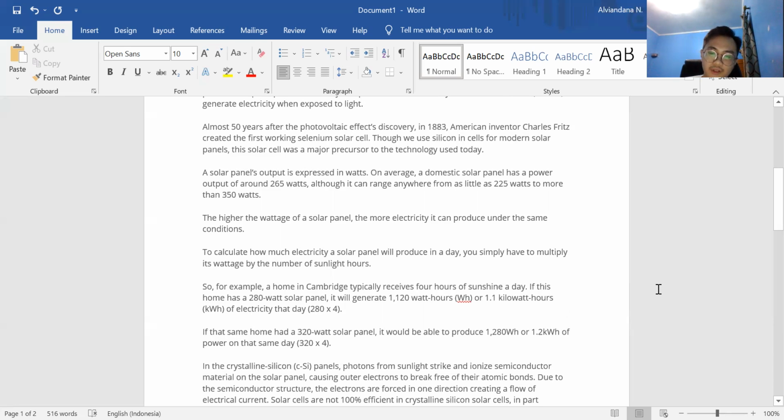They typically receive sunlight hours of 4 hours in a day, and if the house has a 280-watt solar panel, it will generate 1,120 watt hours or 1.1 kilowatt hours, from the calculation of 280 watts times 4. So it's in watt hours.